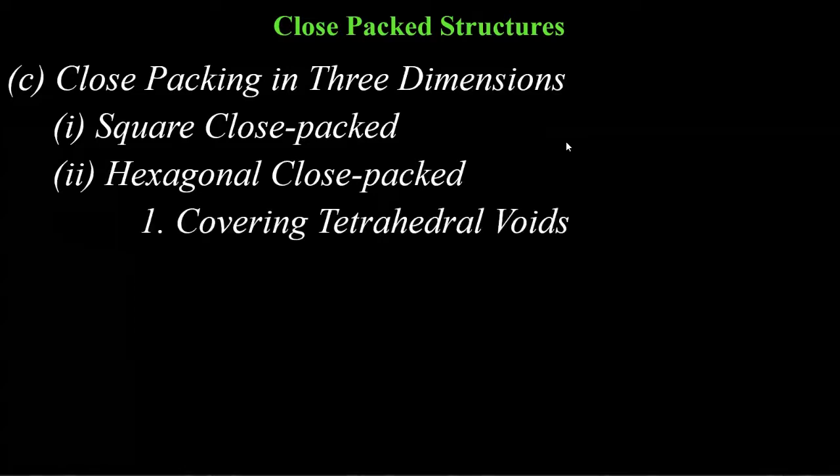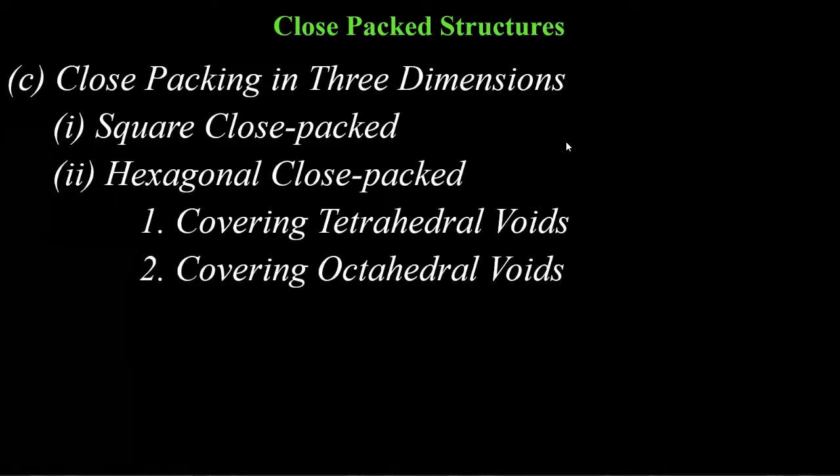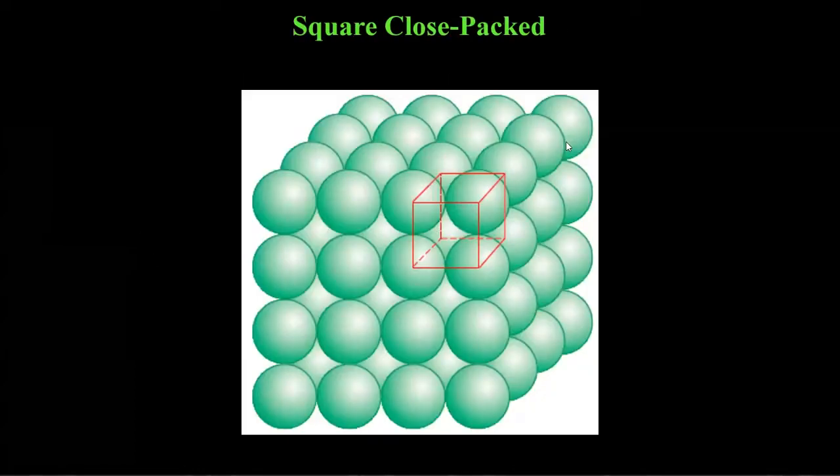Within hexagonal close packing, we can have covering tetrahedral voids and covering octahedral voids. Similar to what we did in two dimensional, if the layers are exactly one over the other, with the atoms exactly one over the other, then it is square close packing in 3D.